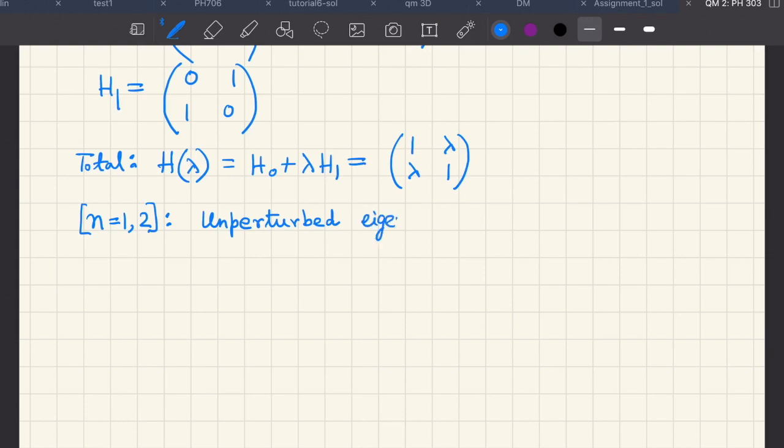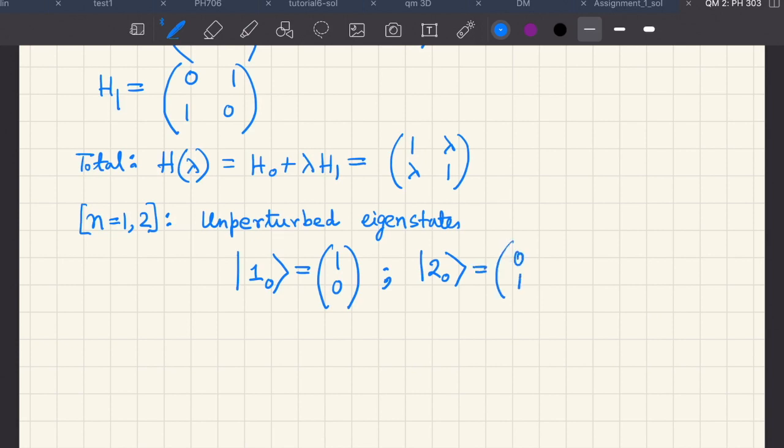So the unperturbed eigenstates will be, and this 0 again here is telling us this is unperturbed, one of these will be 1 0, and the second eigenstate will be 0 1.